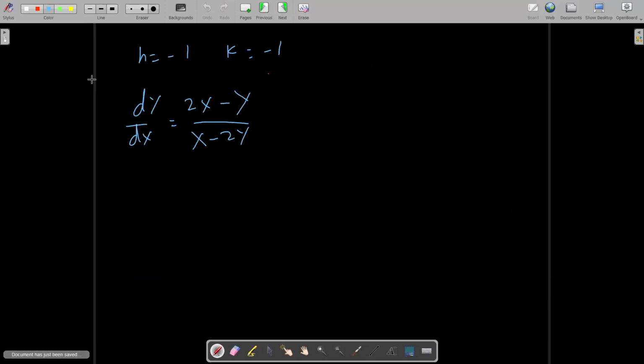Now I write capital Y equals V times capital X. We have to take a substitution, and then take the derivative, because we're introducing a new substitution, Vx.